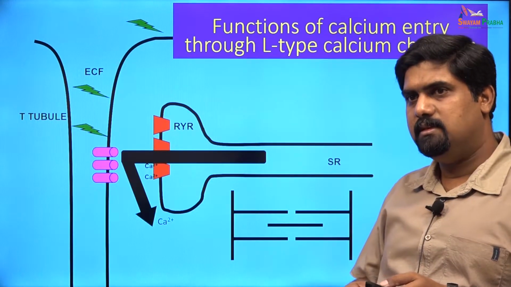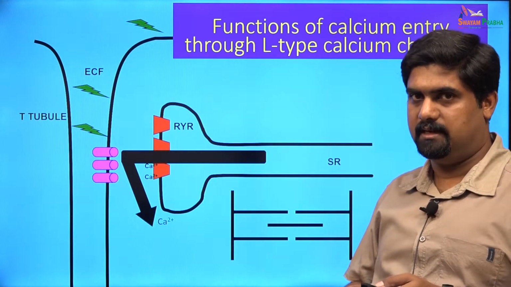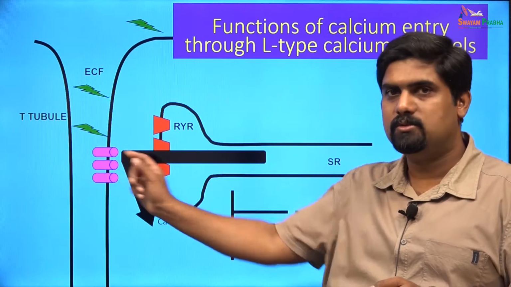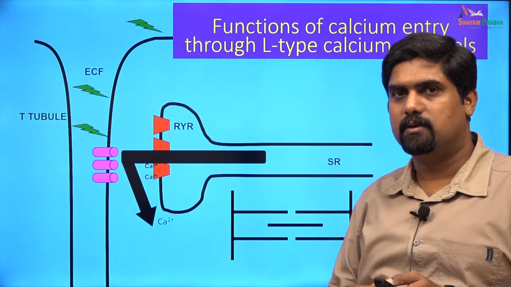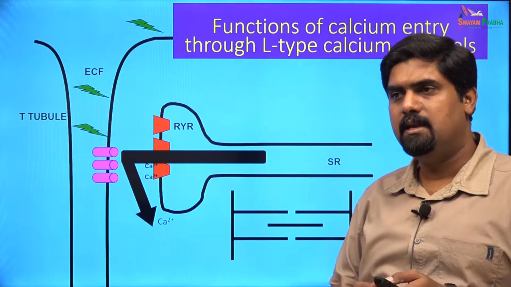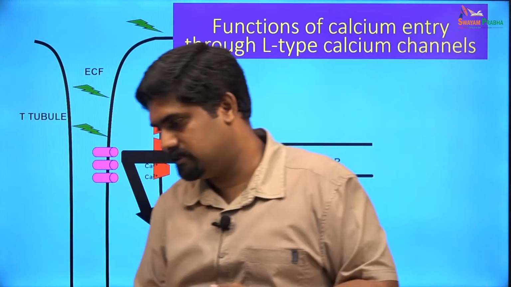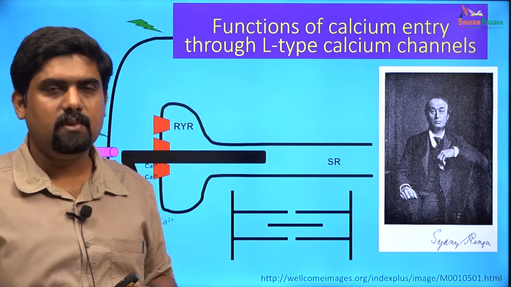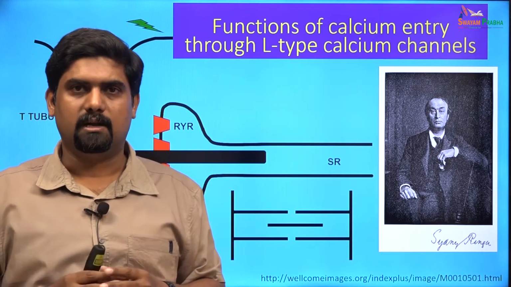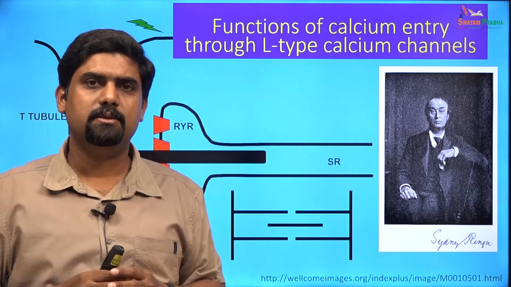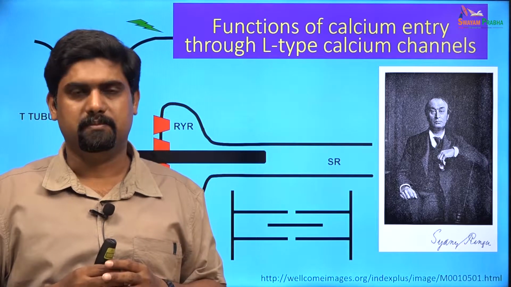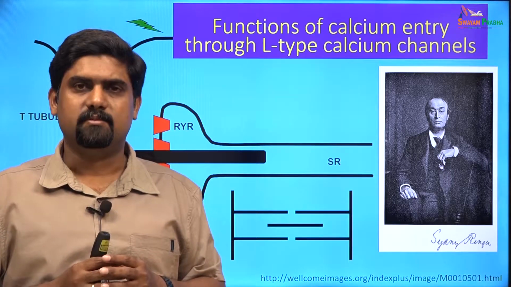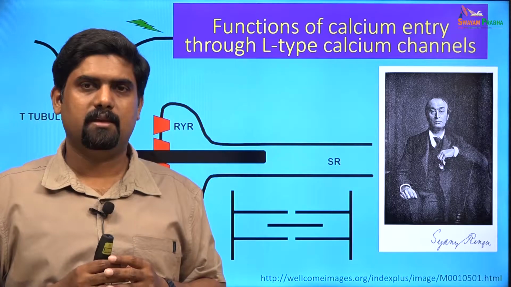So calcium is important for cardiac muscle contraction, particularly the calcium that is present outside. Extracellular calcium is very important for cardiac muscle contraction, and this was discovered by a British physiologist called Sidney Ringer. He was working on frog hearts, and he found that whenever he used solutions prepared by him which didn't contain calcium, the hearts were not working.